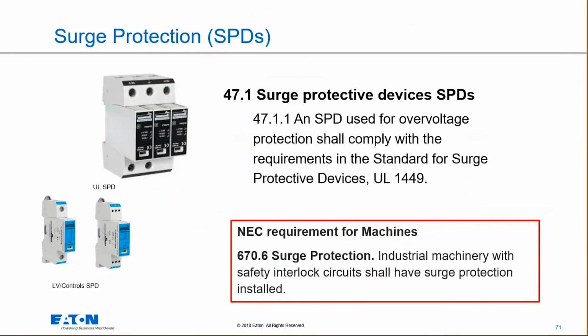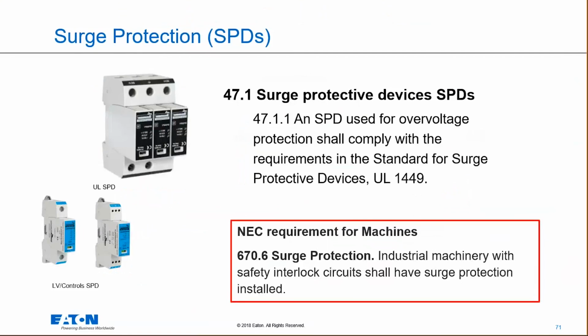We're talking about surge protection devices. So if you are putting in a surge protection device, please make sure that it does adhere to UL508A. Under 47.1.1, when you're using a surge device, you must adhere to that criteria. If you're looking at NEC requirements, on many industrial machinery now, safety interlocks have to have surge protection on them.